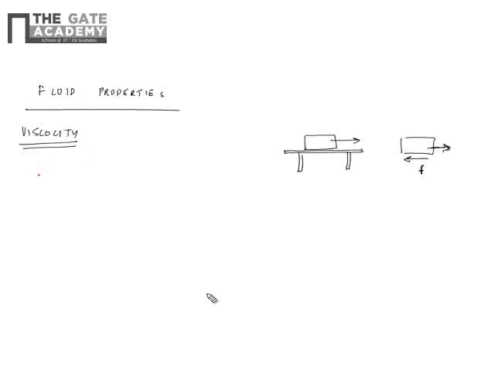Similarly, when you have a solid object moving in a fluid, and you want to move this solid object in the fluid, the fluid exerts a friction force on the solid object. Say I am trying to move this solid object with a force F, then the fluid exerts a friction force F on both sides.